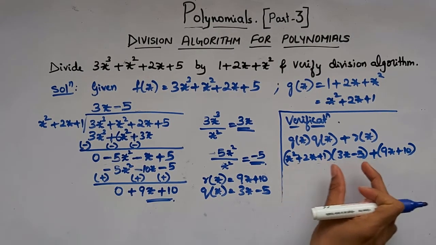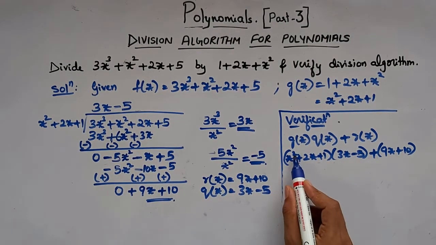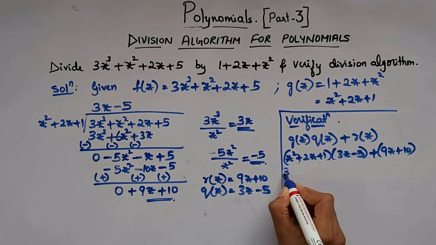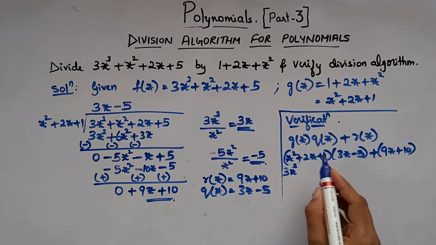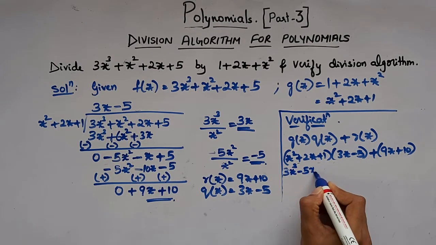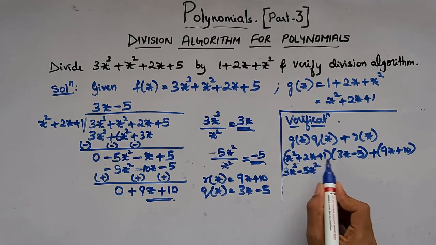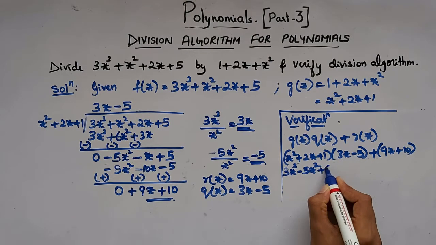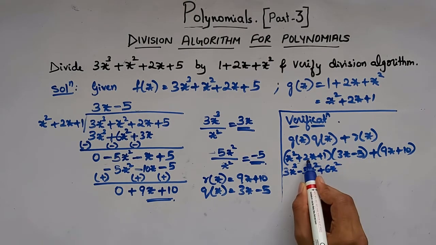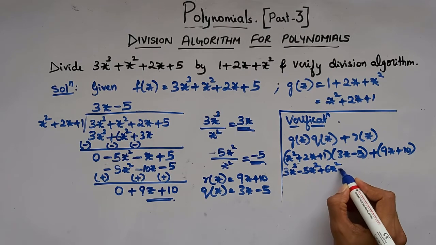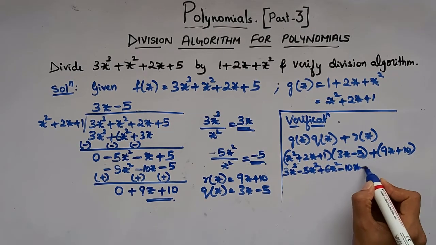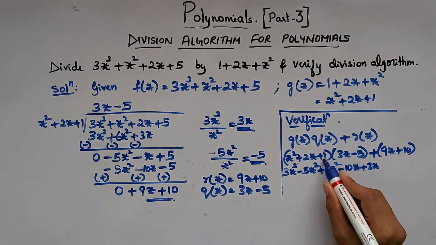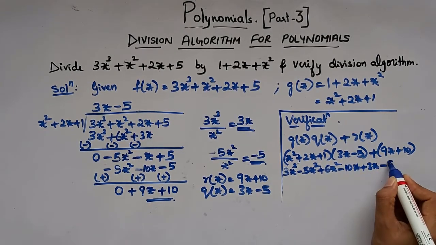Let's multiply this with this. So x square into 3x is 3x cube. x square into minus 5 is minus 5x square. Now 2x into 3x is 6x square, and 2x into minus 5 is minus 10x. So 1 into 3x is 3x, 1 into minus 5 is minus 5.